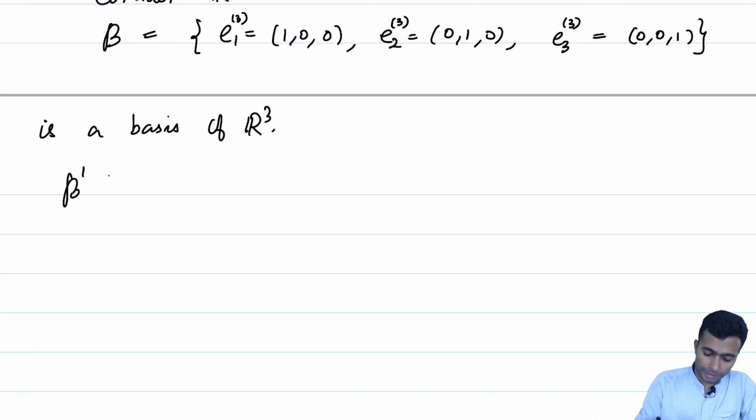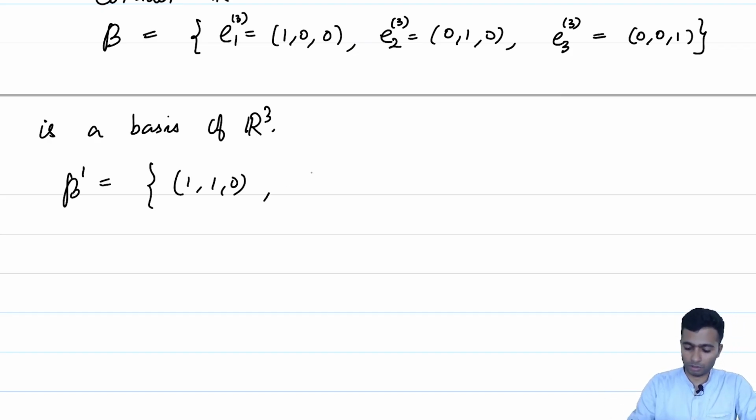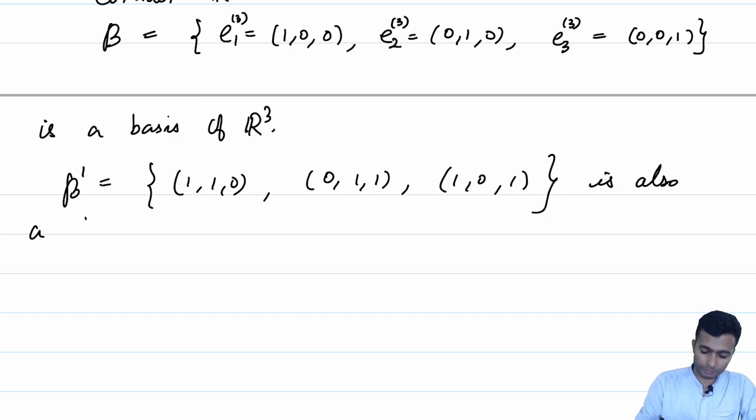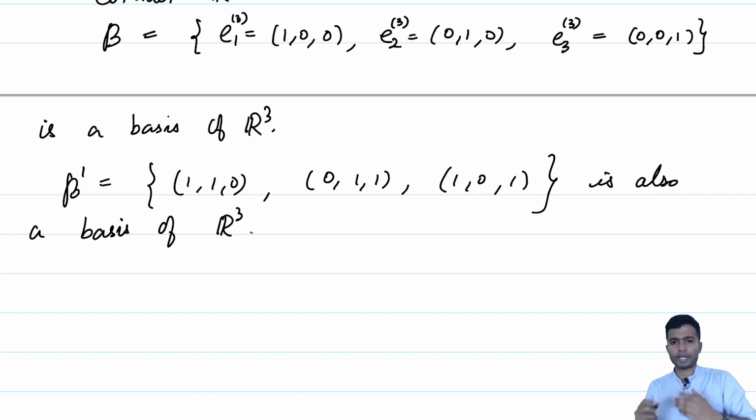So, consider beta prime, which is say something like (1, 1, 0), (0, 1, 1) and (1, 0, 1). This is also a basis of R^3. Well, you can spend your time to construct many fancy bases of R^3, but again, no matter what basis you come up with, you will always notice that the number of elements in the basis is 3 in the case of R^3.